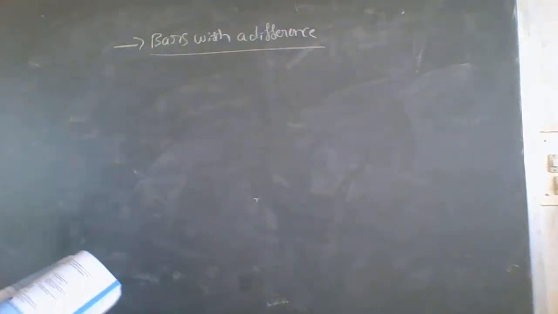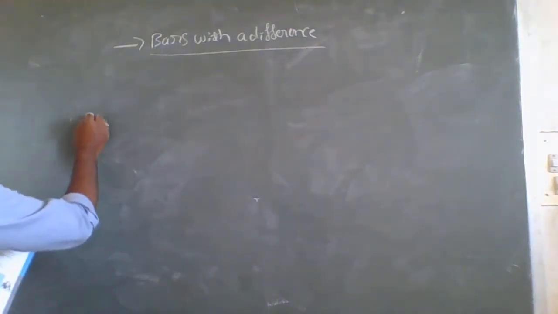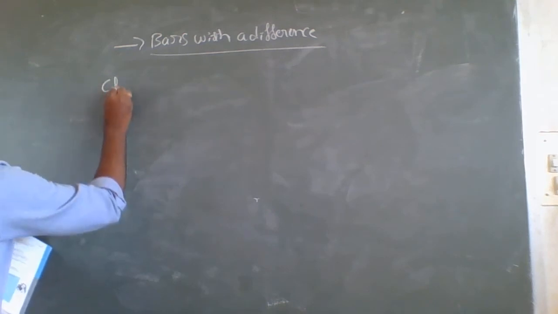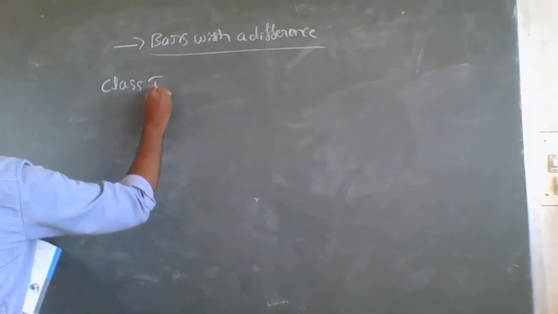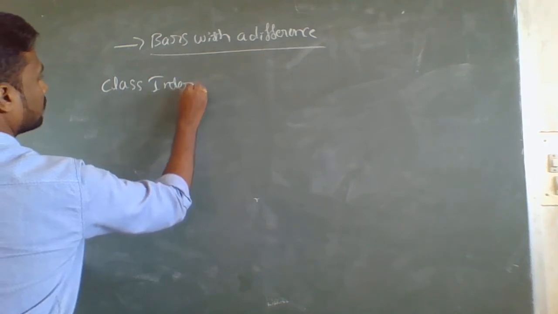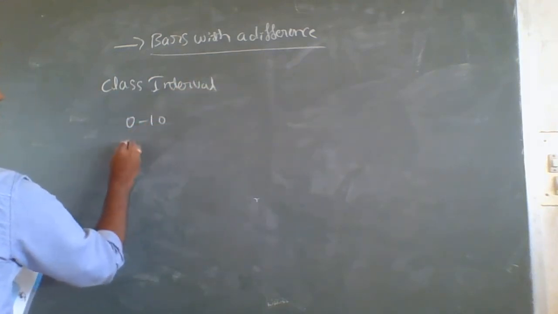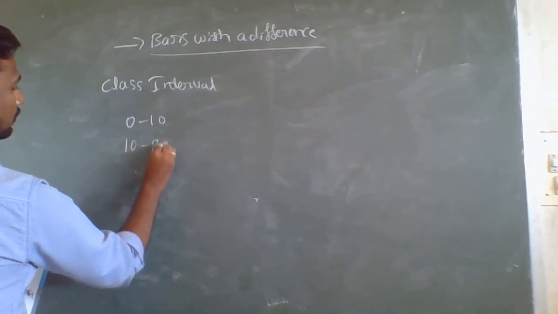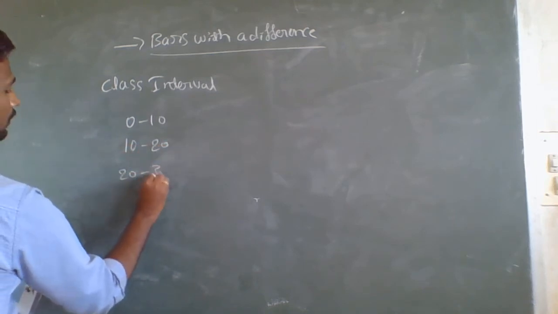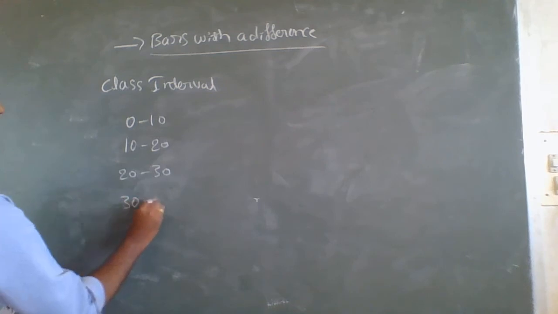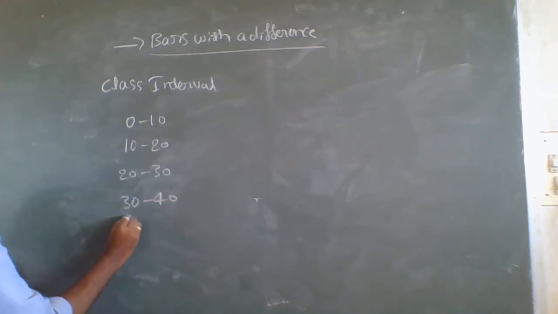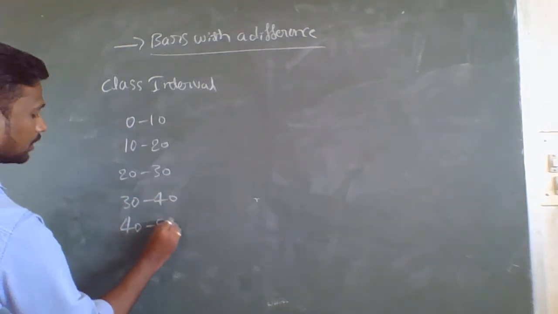In table 5.4 the class intervals are 0 to 10, 10 to 20, 20 to 30, 30 to 40 and 40 to 50.